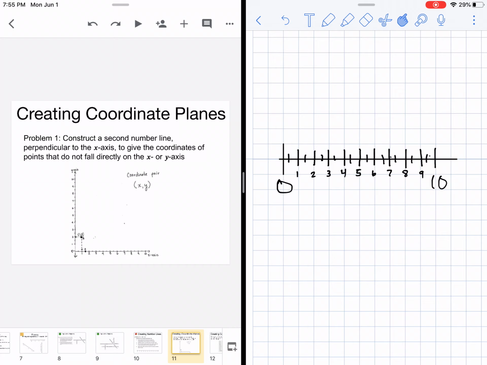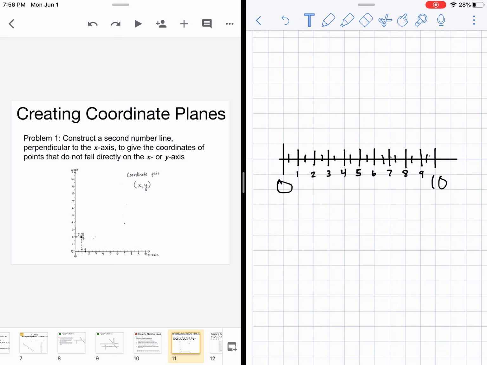But now what we're going to do is we have our x-axis. Now if you can see over on the left side, we are going to construct a second number line that's perpendicular to the x-axis.